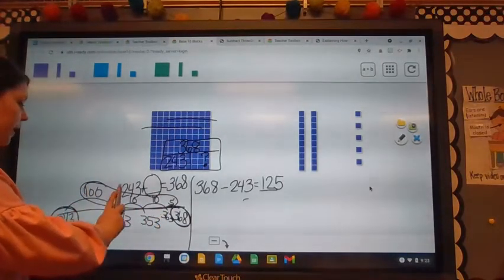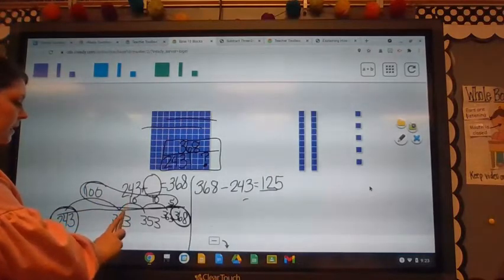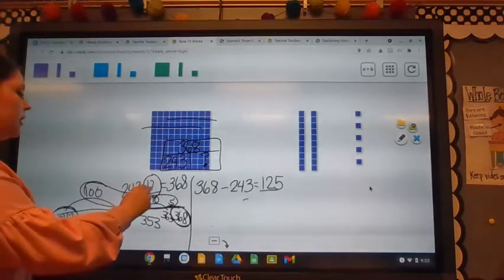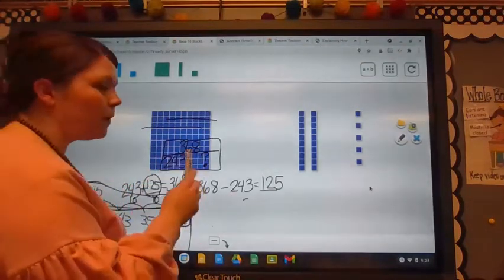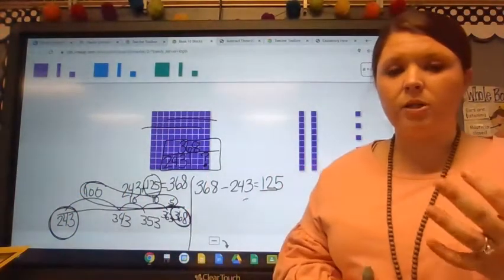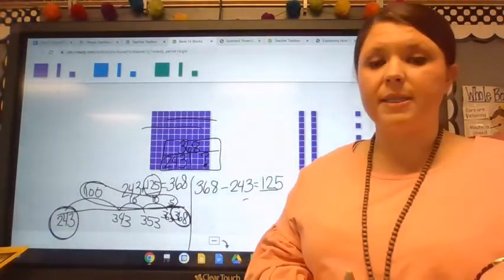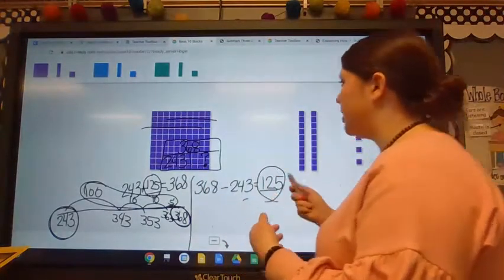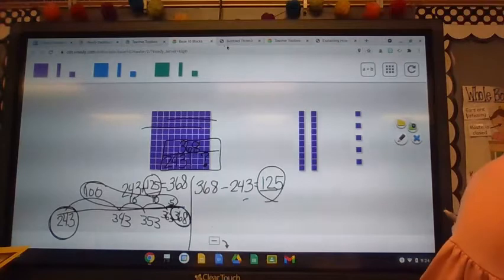So 100 plus 10 is 110, plus 10 more is 120, plus 5 more is 125. So either way that we did it, we still found that the distance between 368 and 243 is 125.